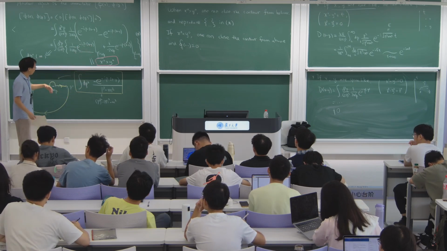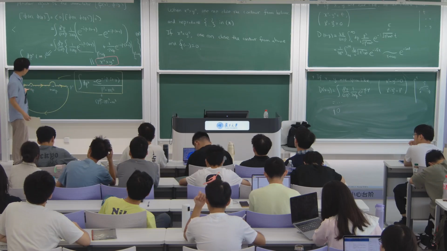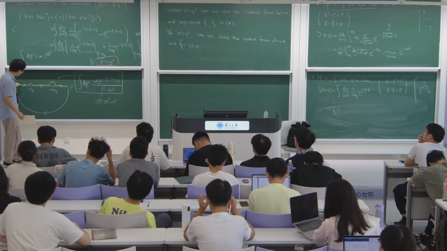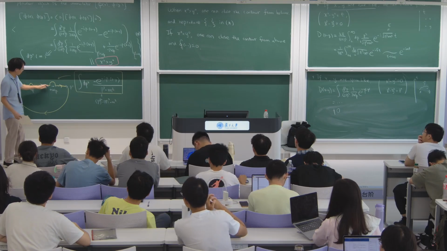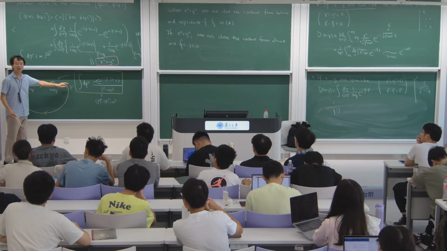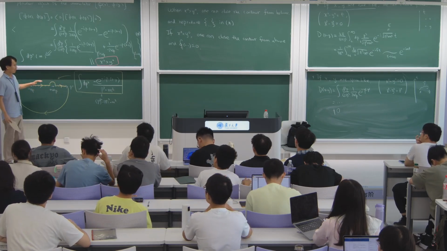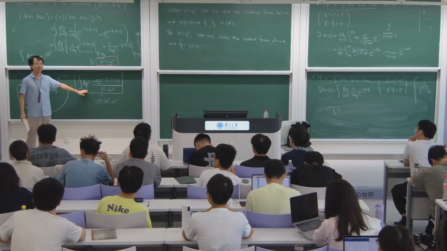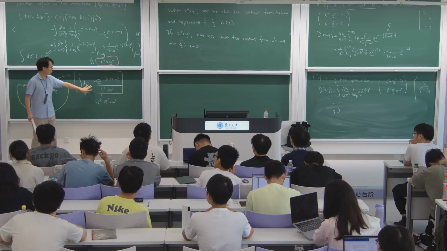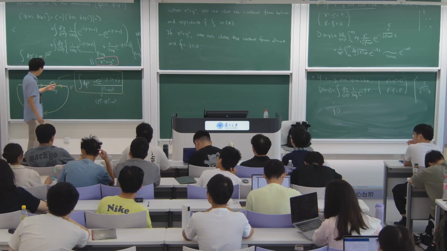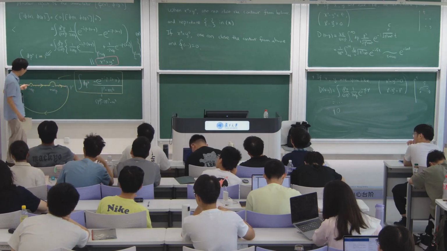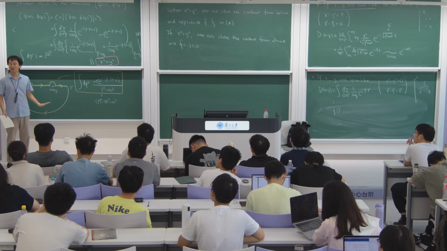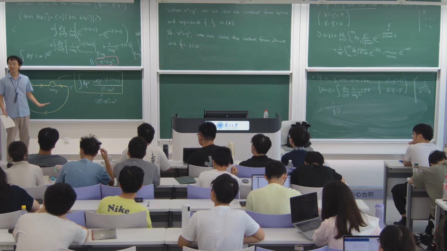Instead, now I want to view this contour integral: if you fix this contour in this way, then the integral is well defined. The integral itself is perfectly well defined, right? Is that clear?